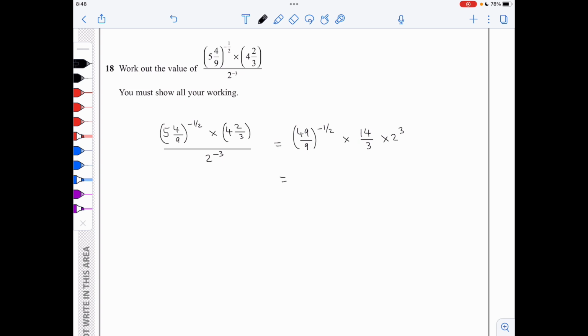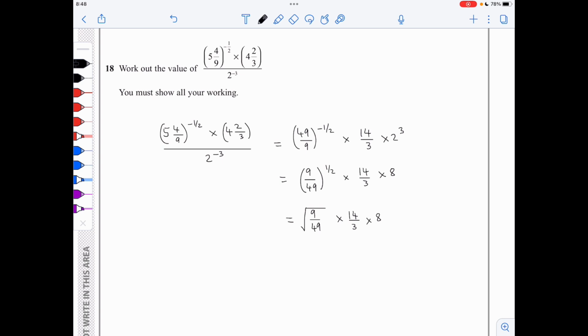Now 49 over 9 to the minus a half can be written as 9 over 49 to the half, times 14 over 3 times 8, which is 2 cubed. Now the 9 over 49 to the half is simply the square root of 9 over 49 times 14 over 3 times 8.